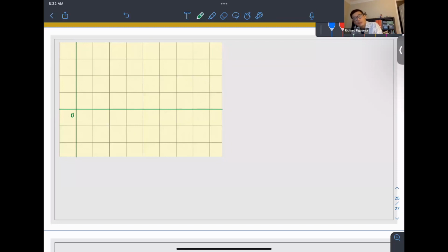Okay, so we'll label the graph. For the x-axis, we can use radians. We could have pi over 4, or that is 45 degrees.